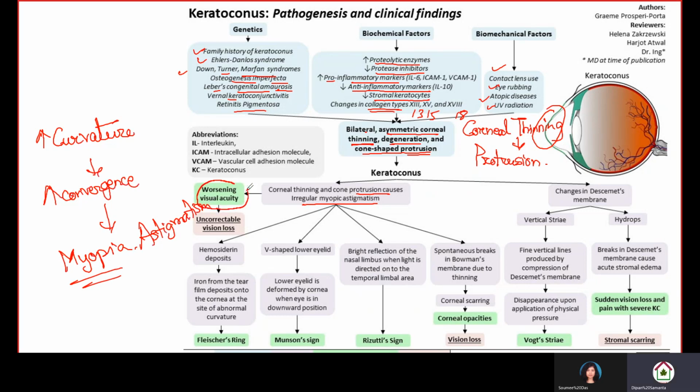Worsening, and it will worsen the overall visual acuity.